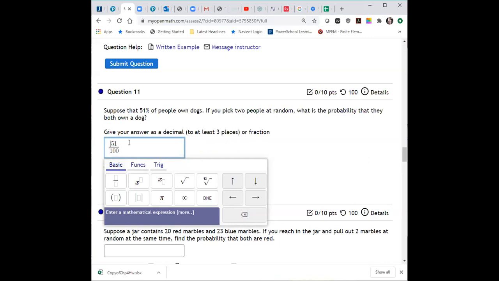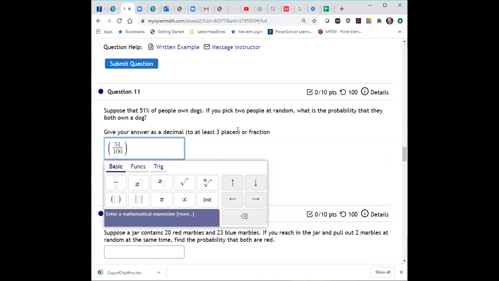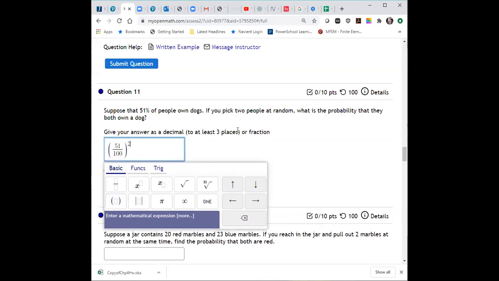And because you have 2 dogs, this will be squared, 2 to the power of 2, right? So you can put it as a fraction, or you can put it as a decimal.